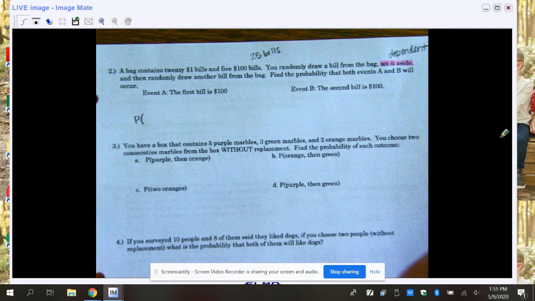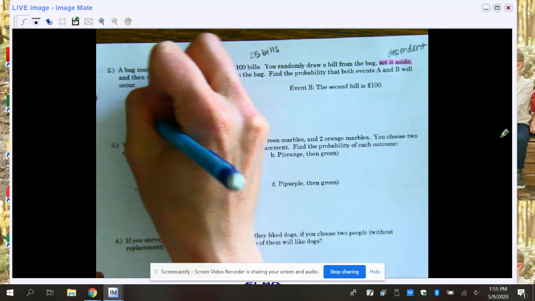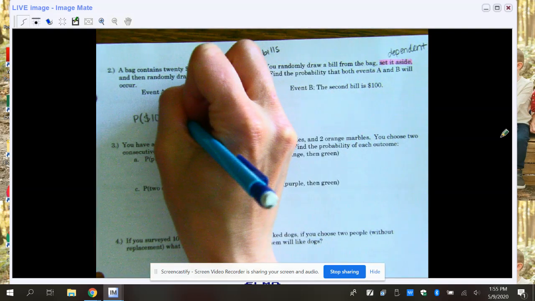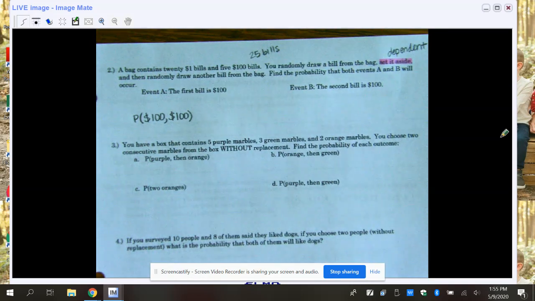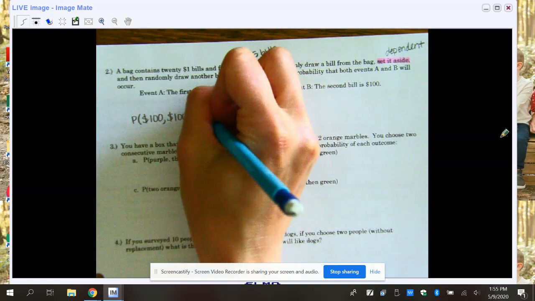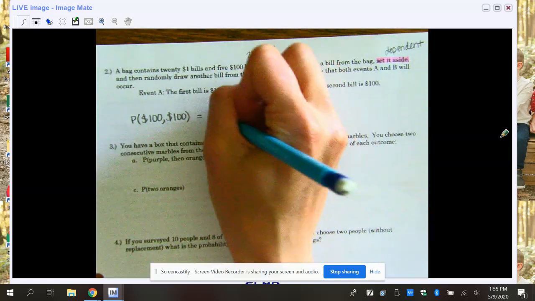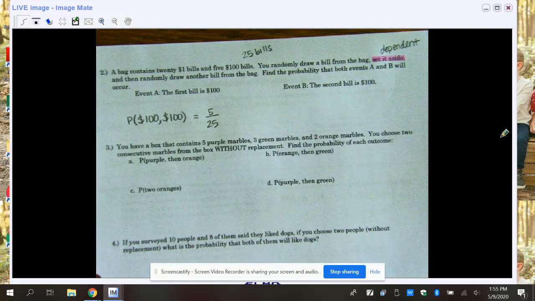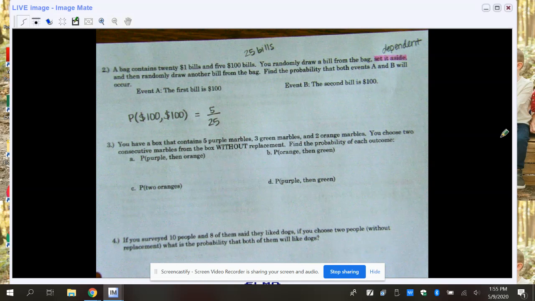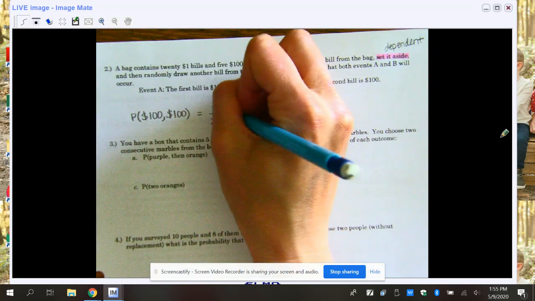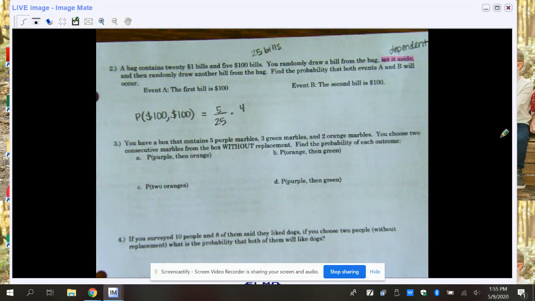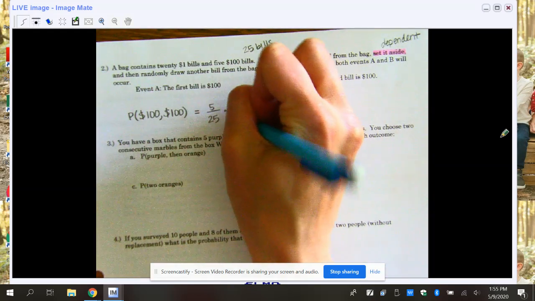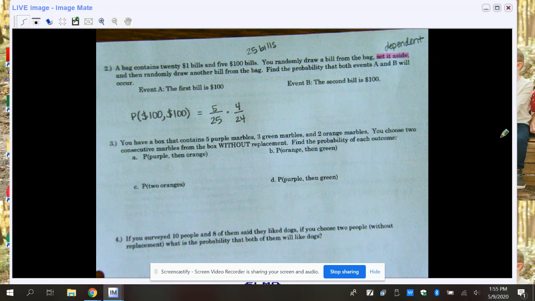So if I want to find the probability that I pick a $100 bill and then another $100 bill. Okay. Well, the first time I have 5 out of 25 bills to choose from. But if I set that aside, then my next draw, I only have 4 $100 bills out of 24 total.